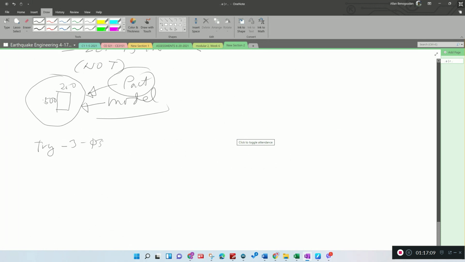Try 32 mm now. Okay, earlier we negated this because as far as economy is concerned, of course 32 mm is pricey as compared to 30. Okay, and I'll just write As is equal to 2412.